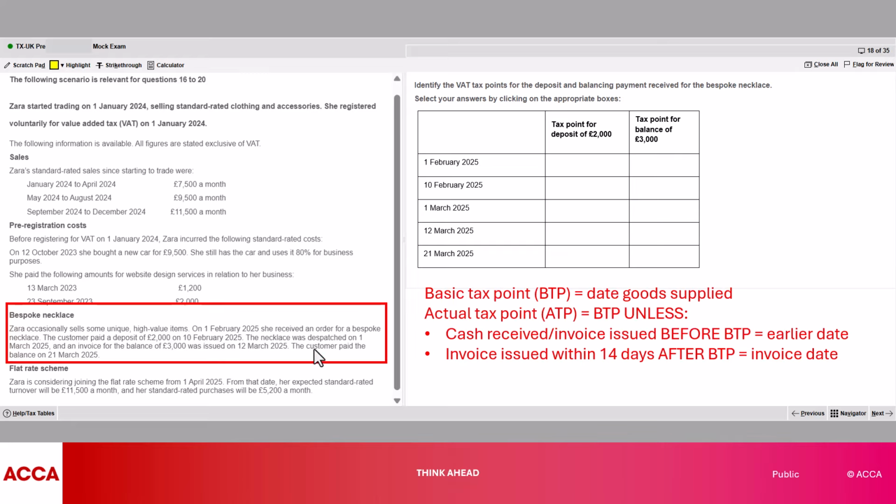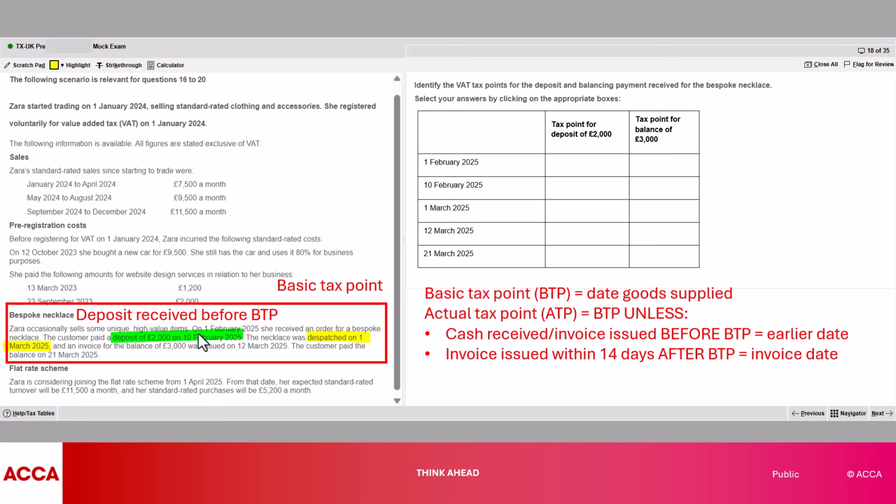And if we go back to the information that we've got here, the receipt of an order is not relevant, so we can ignore the 1st of February. We've got the date of dispatch as the 1st of March. That will be the basic tax point, which is one of our options. However, we have got a deposit, so this is cash received before that.